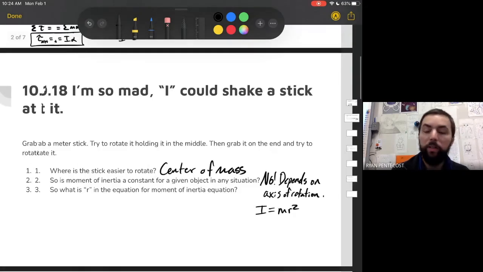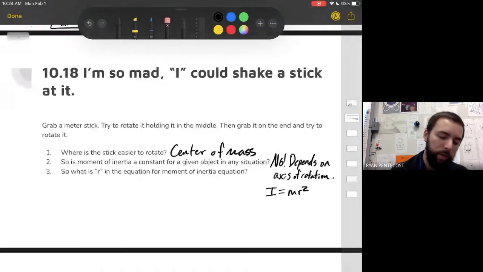Just like if you increase the mass of an object, it's going to take more force to give it acceleration. So it depends on that axis of rotation, where that object is rotated about. That's going to determine the strength of the moment of inertia, right? The value of the moment of inertia.